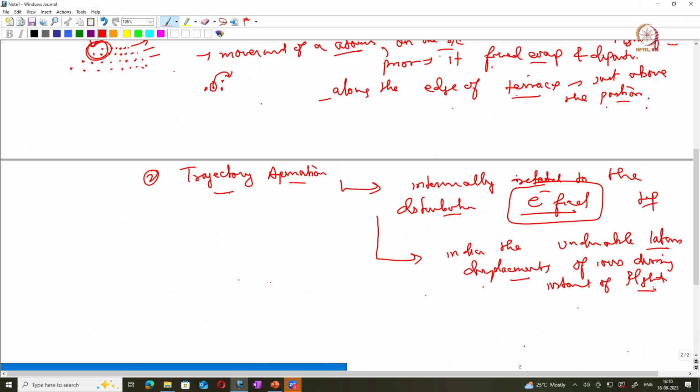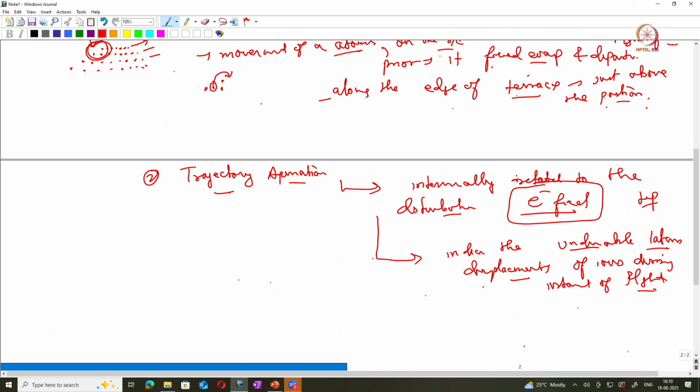Okay, so this trajectory aberration is mostly related to the electric field distribution around the needle specimen, and it induces a lateral displacement of the atoms or the ions during an instant of the flight.